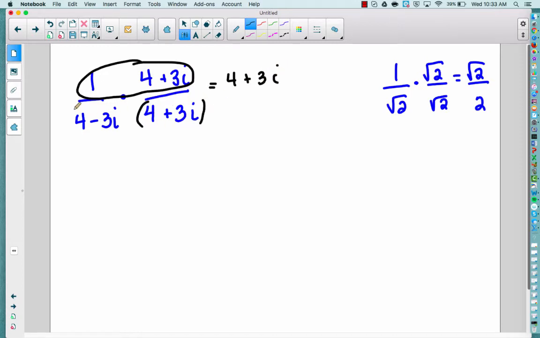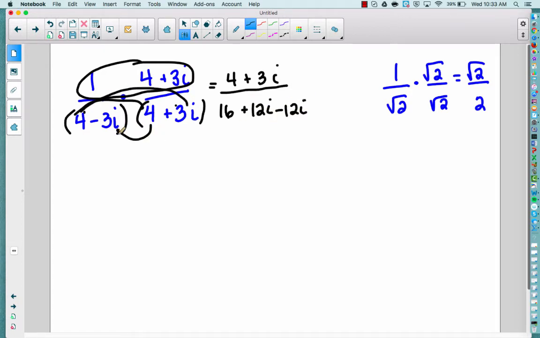Now we multiply the bottoms together. Now remember, it is the difference of squares pattern. So we know that those middle terms are going to cancel. So we get 4 times 4, which gives me 16. 4 times 3i is going to give me plus 12i. Then, first, outer, inner, so negative 12i.